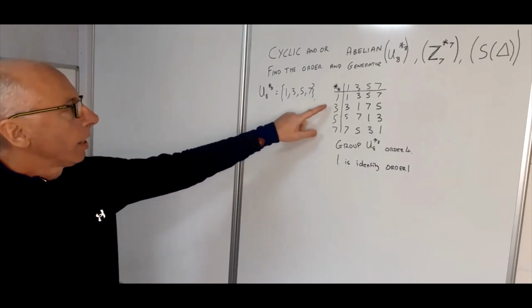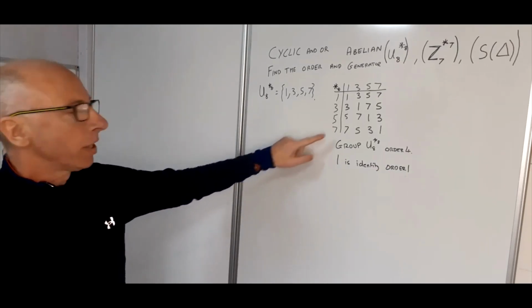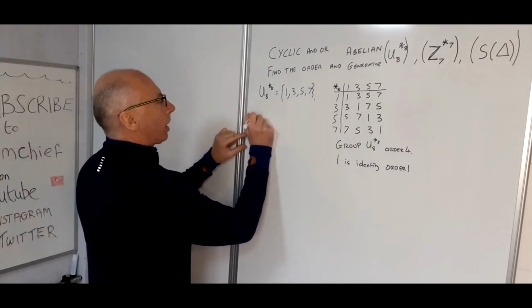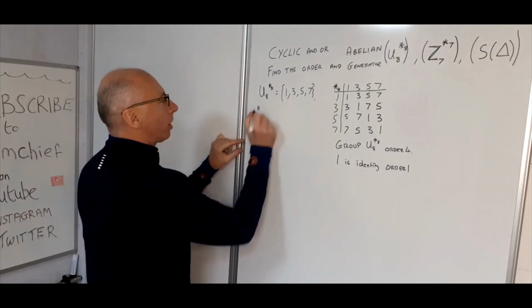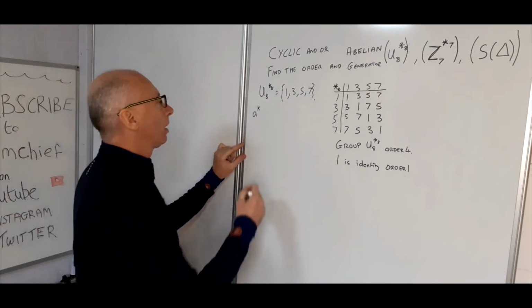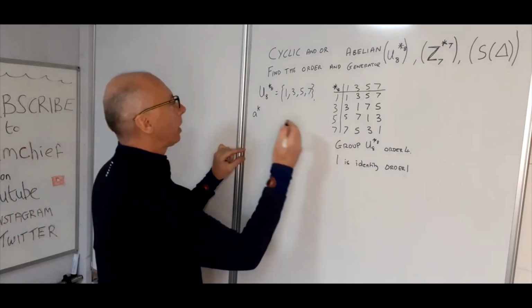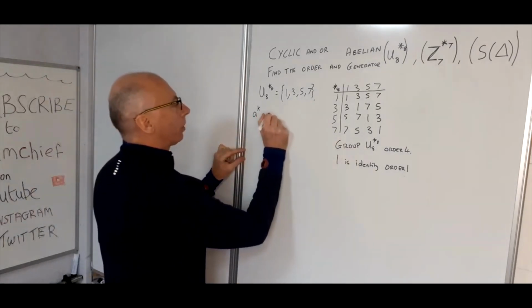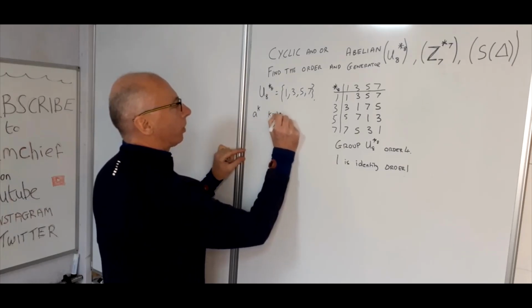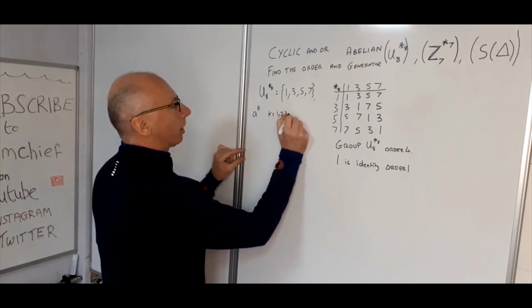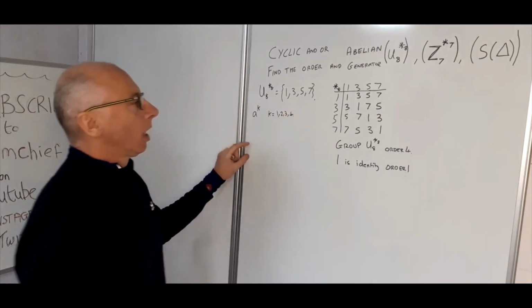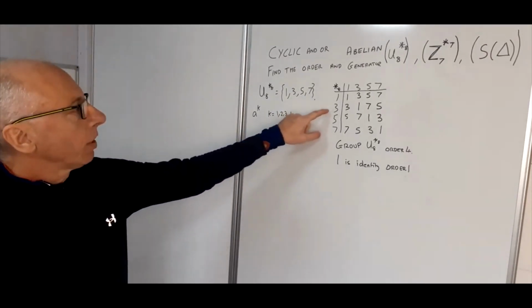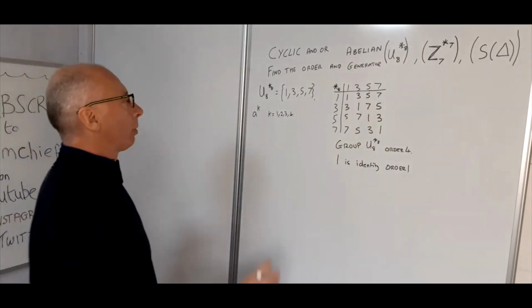Okay, so now what we want to do for the next 3, we need each of the elements we'll call A raised to some integer k, and we see what happens when we keep repeating them. So k equals 1, 2, 3 in this case, and 4 if possible, and we see if it can generate each member of the group.